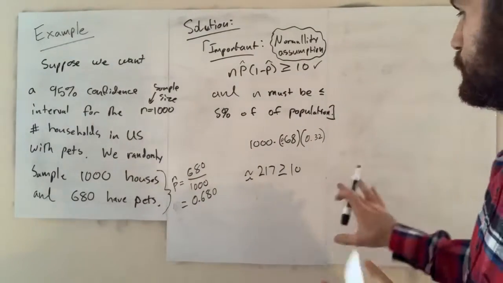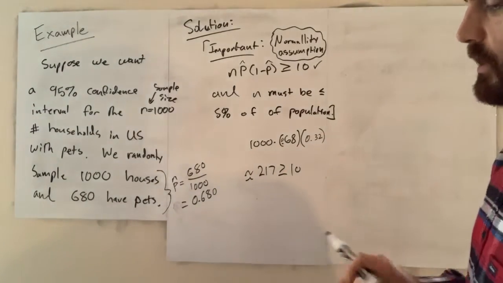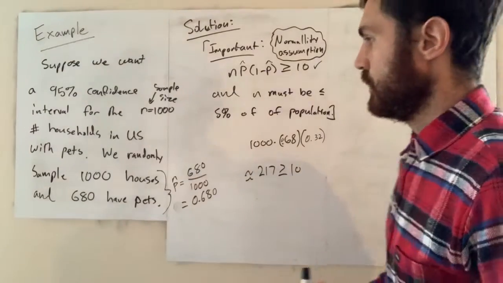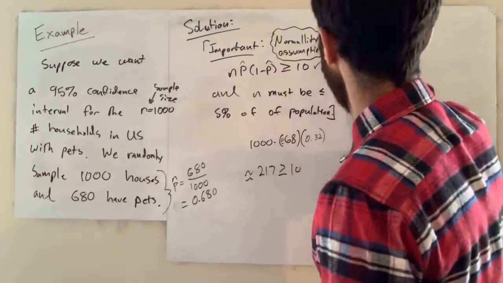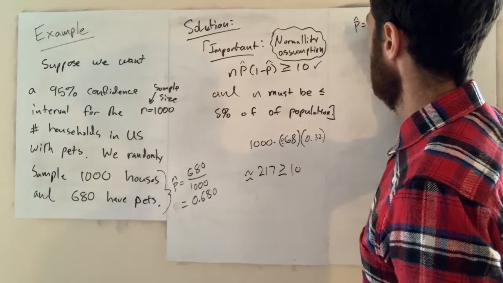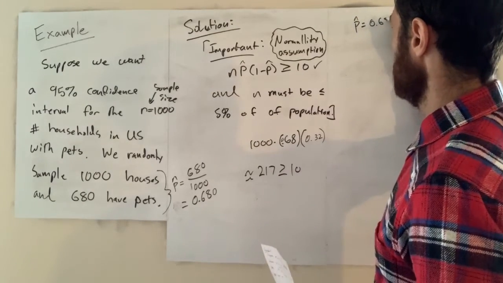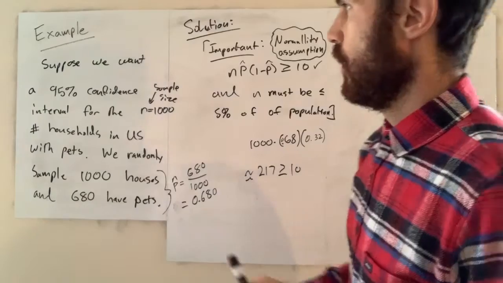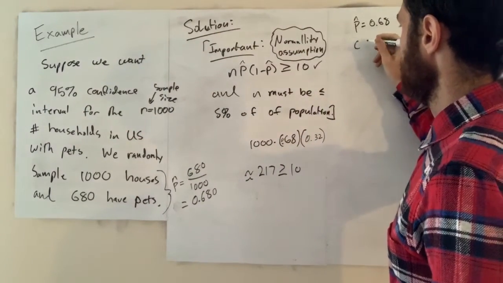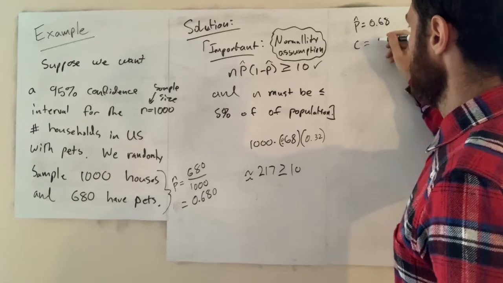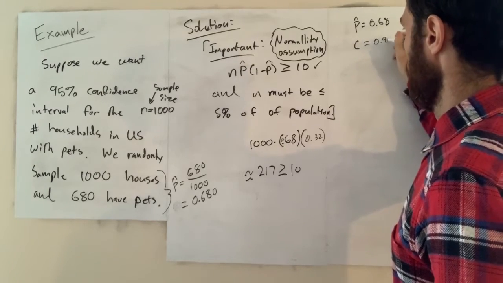Okay, so once we've done that, we can get on to solving for things. So this is going to give us our p hat. Again, p hat is going to be 0.68. We want 95% confidence, so that tells us that c has to be equal to 0.95.